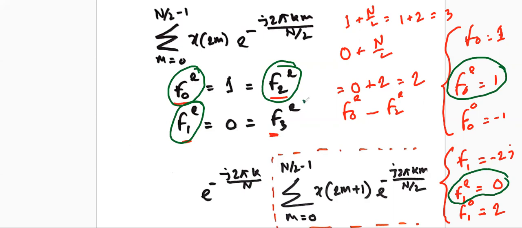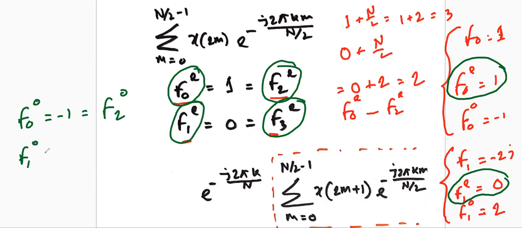So that means we know f3e. I believe you understand. Similarly, f0 odd is equal to -1, which is equal to f2 odd, and f1 odd is equal to 2, which is equal to f3 odd, because they have the symmetry.